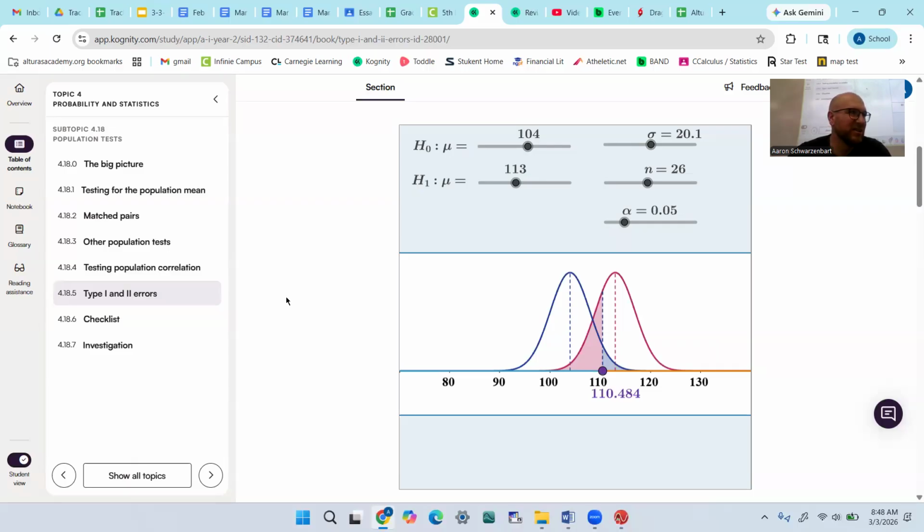We fail to reject H naught, which generally effectively means we conclude H naught. We did the are the chips too salty example before, and we fail to reject means, well, I'm not rejecting H naught. I'm concluding that they're just fine. Okay. So failure to reject often means concluding. So it's concluding H naught when in fact HA was true.